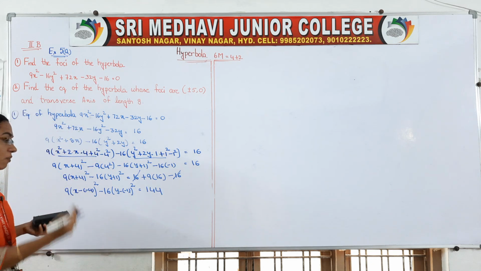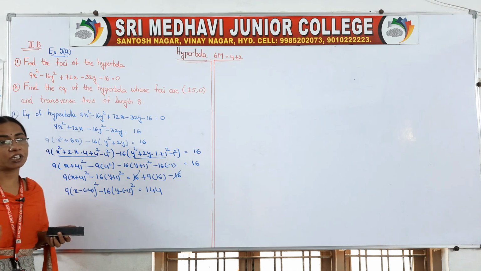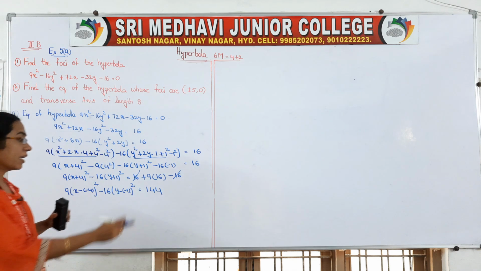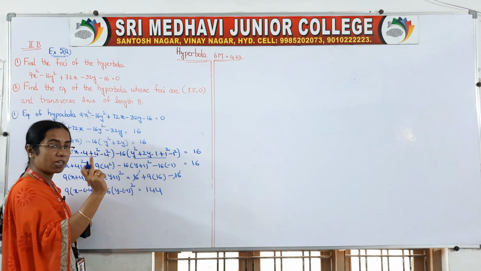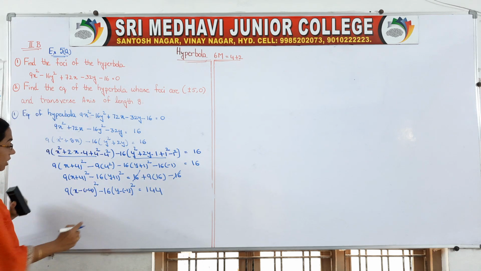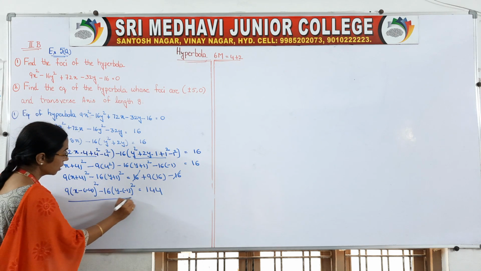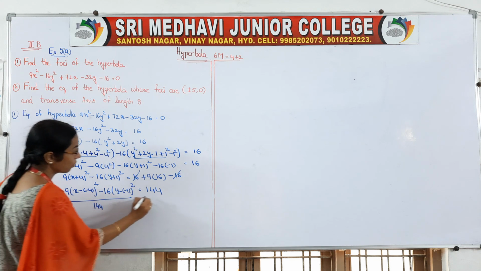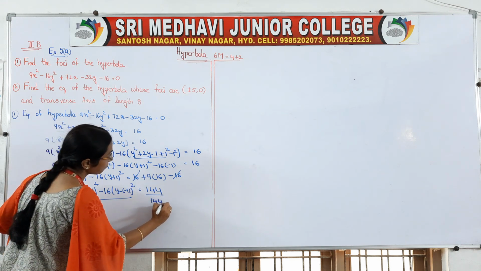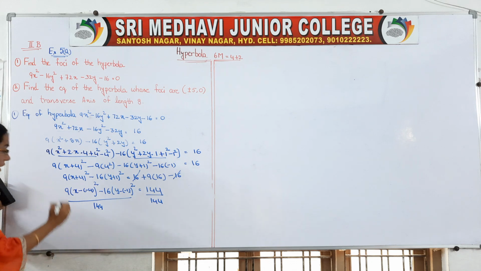So slowly we are reducing the given equation into our standard form. On the right side I said it should be 1. So divide the entire equation by 144. So come on, 144 with 144. So what happens?